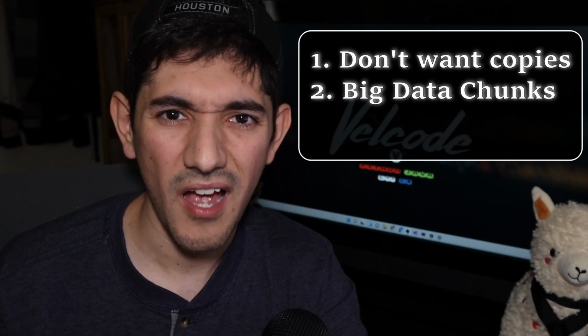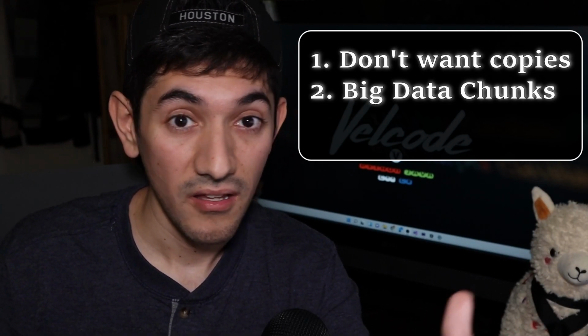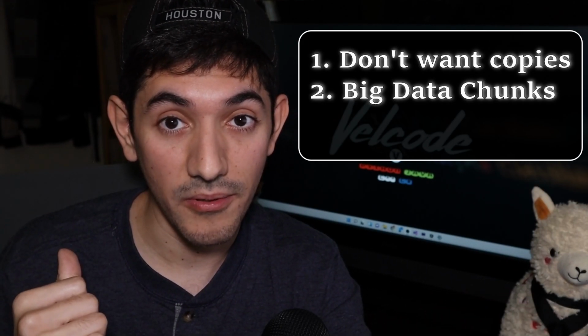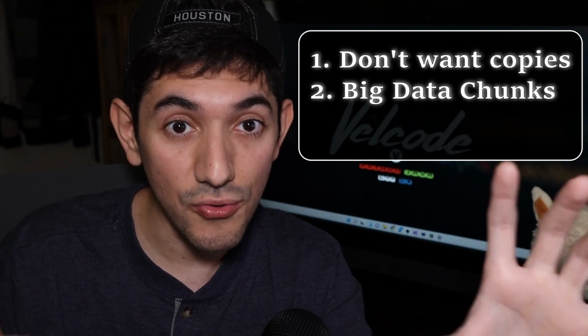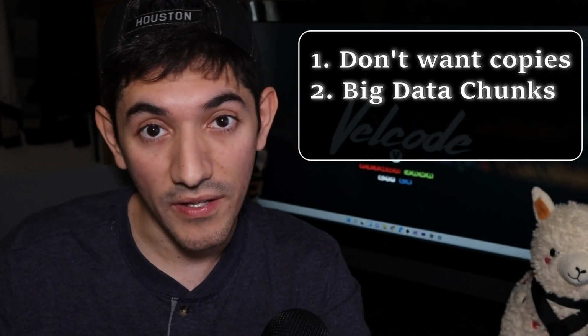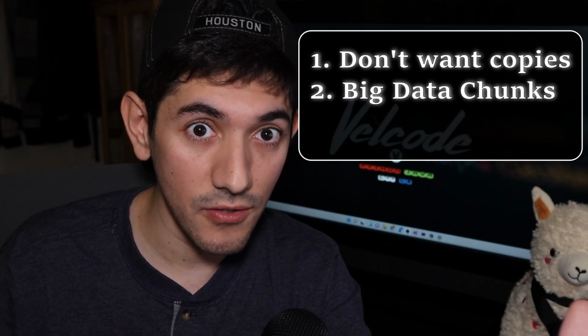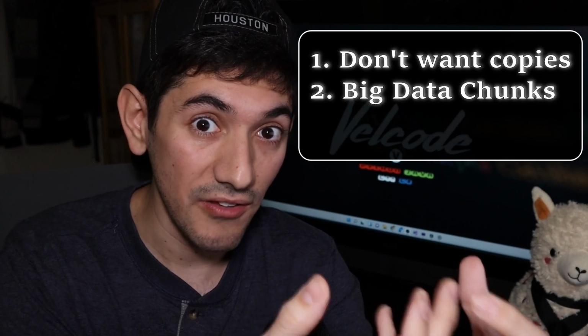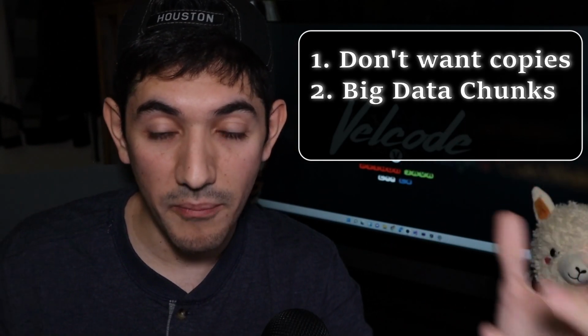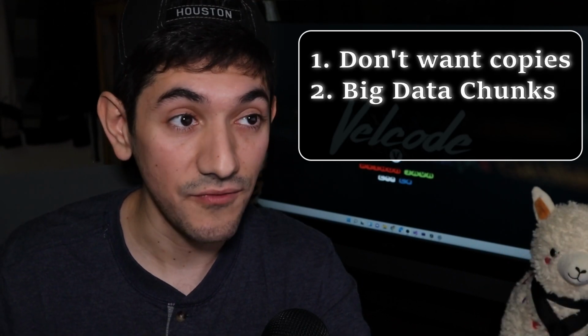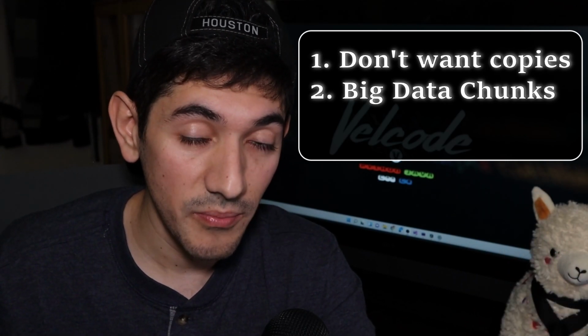Well, you don't want to make copies of large chunks of data. You have the same problem as the first problem, which is you don't want to copy that much data. But two, now you have to keep track of two large chunks of data, one that's modified, one that's original, and then if you do a third modification, now you have three of them that you have to keep track of. It's too much work. So whenever a piece of data is too big, sometimes if you want to pass it to a function, you just don't want to make a copy.